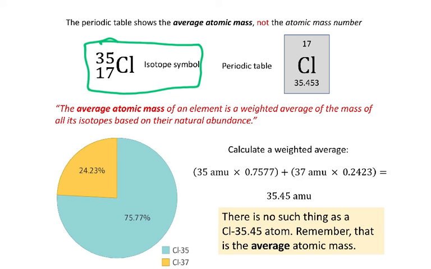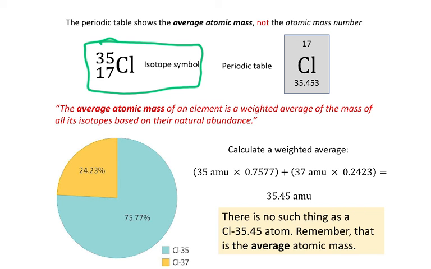So it has a mass number that has to be an integer. But all of the different isotopes are naturally occurring. So if you were to gather up, say, 100 randomly naturally occurring isotopes of a given element, like chlorine, the average mass would be 35.453. There is no such thing as a chlorine atom with a mass of 35.45.